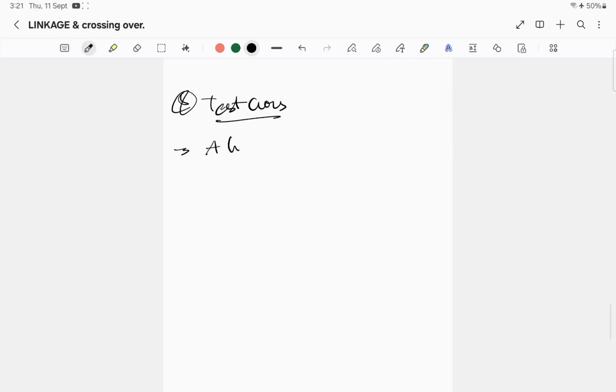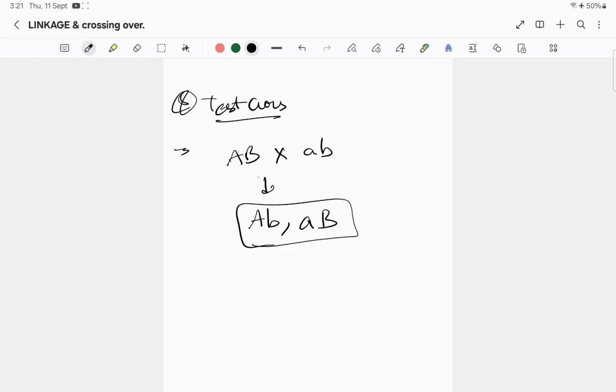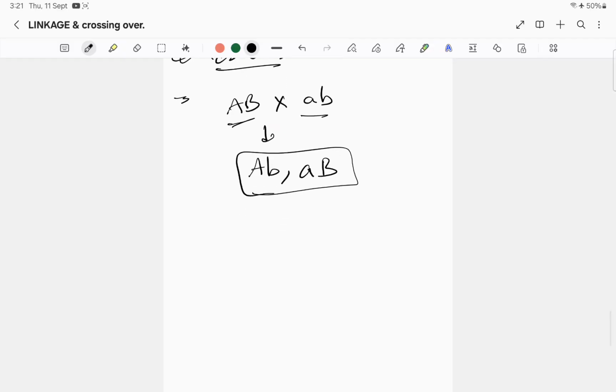For easy understanding, these both are homozygous parents, and these are the possible F1 combinations, the recombinant F1.